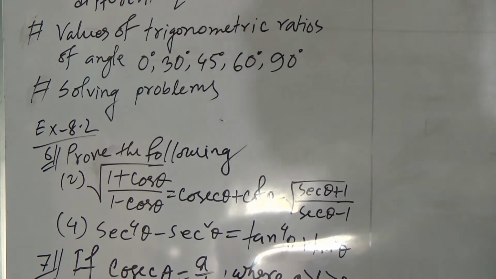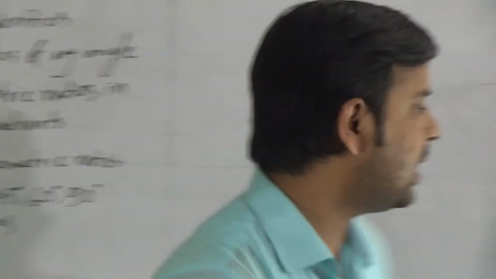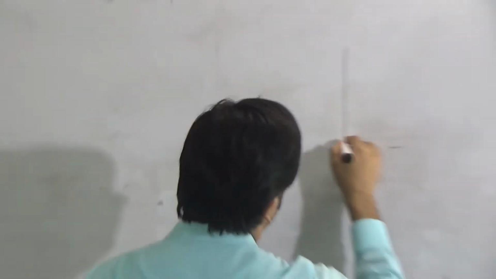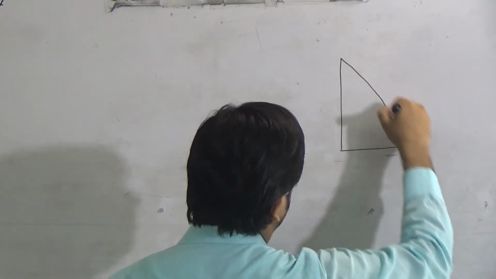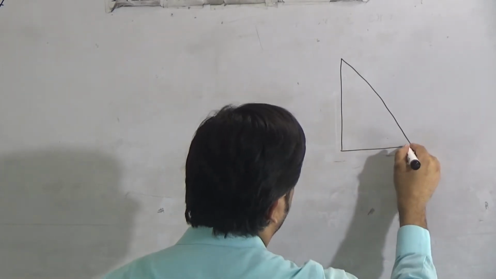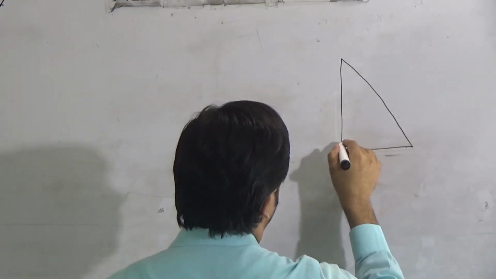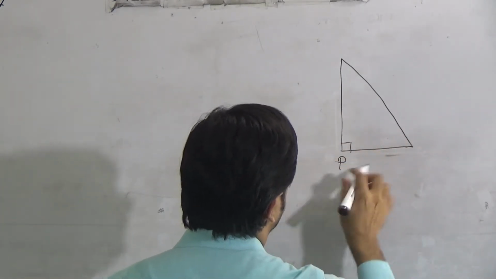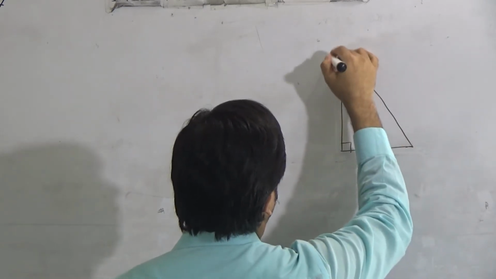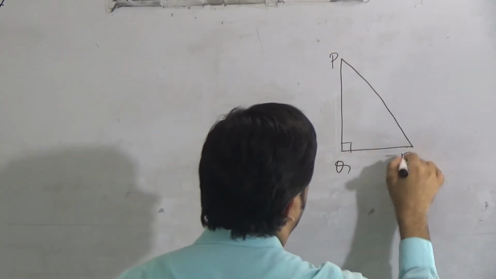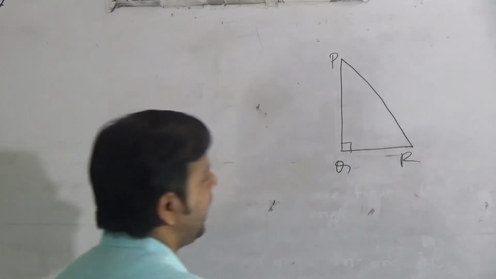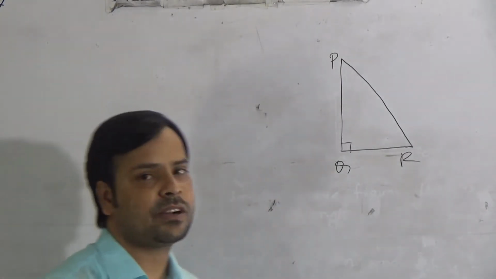Okay dear students, so at first I am going to discuss trigonometric ratios. Dear students, in general math you have learnt also trigonometric ratios. Suppose PQR is a right angle triangle where angle Q is a right angle.